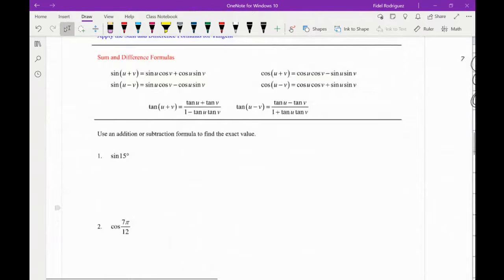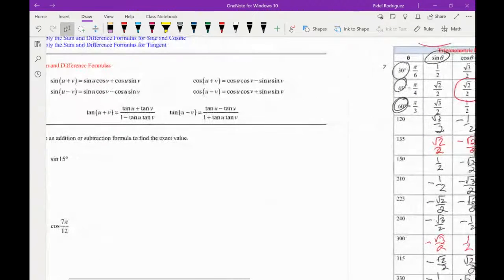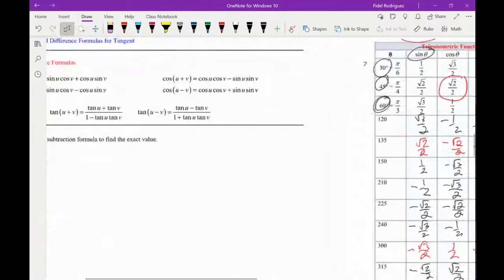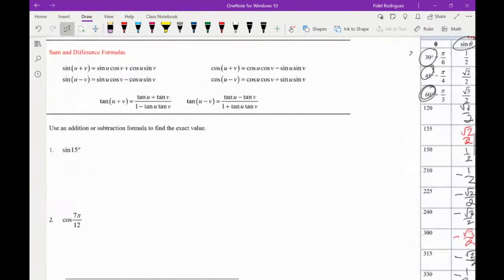Okay, so the reason why I wanted us to go through this is I want you to look at the first problem. The first problem here says use either an addition or subtraction formula to find the exact value. Okay, so guys, what we mean by that is we know the trig functions of particular angles, like 30, 45, 60, things like that.